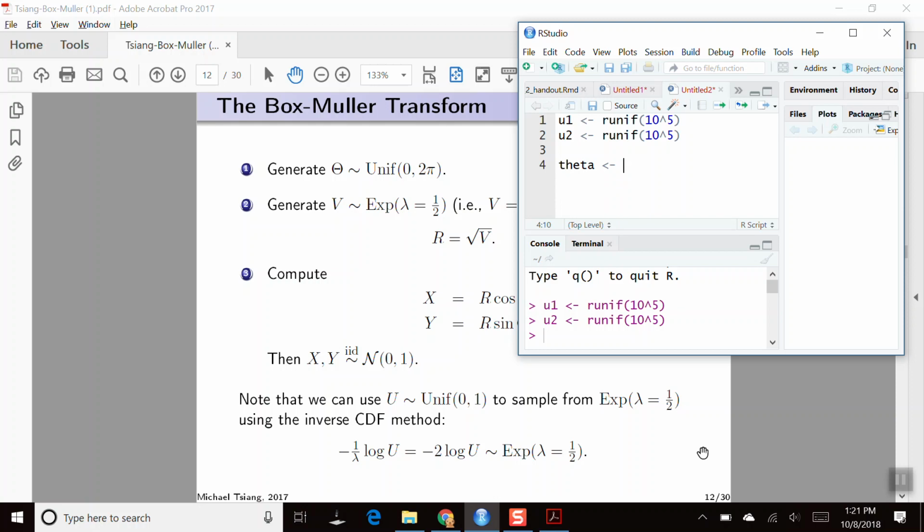What transformation do I apply to U1? This will be our only source of randomness: R unif for U1 and R unif for U2. So U1, I just multiply by 2 times pi, and so now theta will be random uniform values between 0 and 2 pi, right?